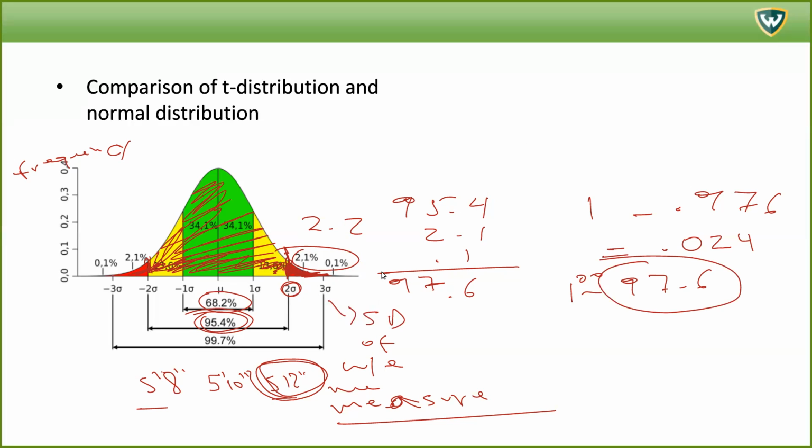I don't know why, but anyways, I might be not counting a lot of tiny details. So there's a 97.6% chance of getting a person that is less than 5'12", and there's a 2.2% chance of getting a person that is above 5'12".